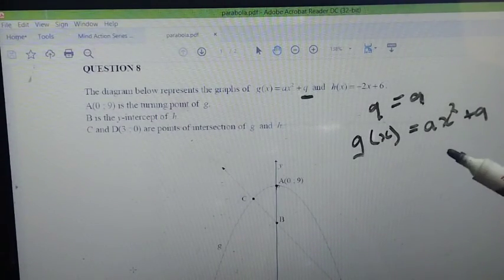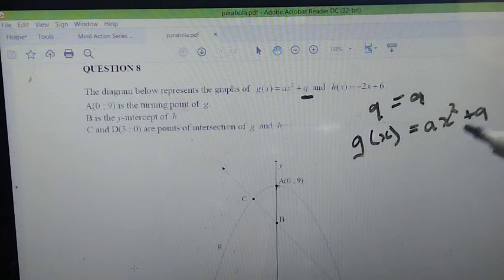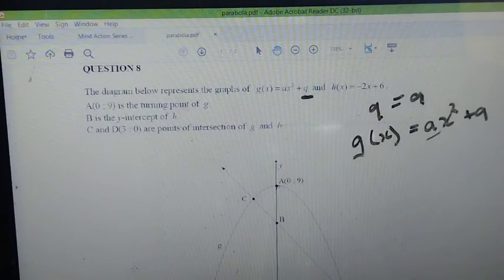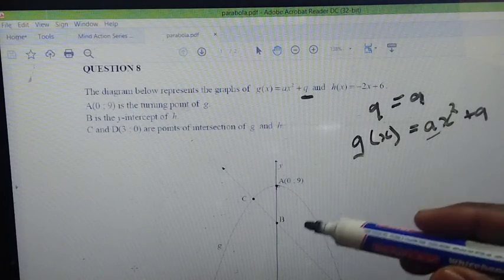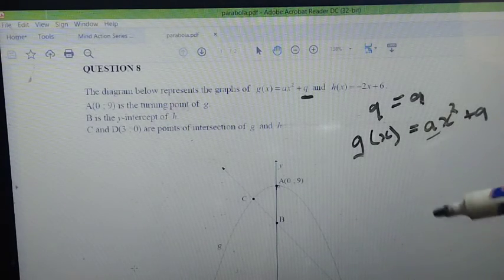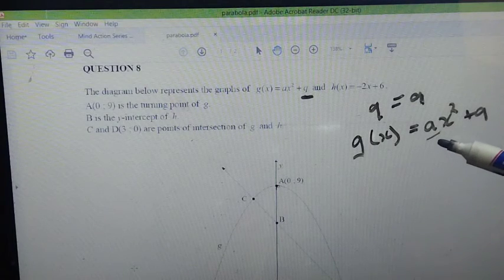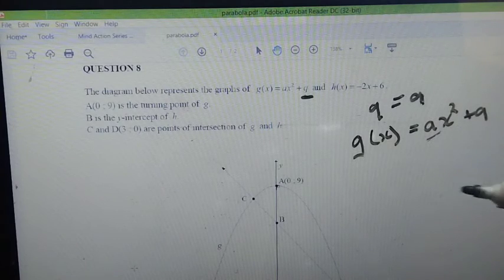Now what is left is to find the vertical stretch, which is a. How do we do that? We just need one point which is on the graph of g, which we can substitute to create an equation to find a. Remember, it's only one unknown, so we just need one equation to solve for a.